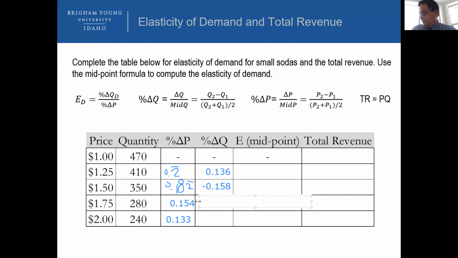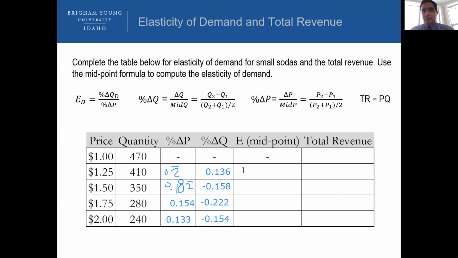So negative 70 divided by 315 comes out to negative 0.222. And this last one, 240 minus 280 is negative 40. The midpoint is 260. So negative 40 divided by 260 is negative 0.154.